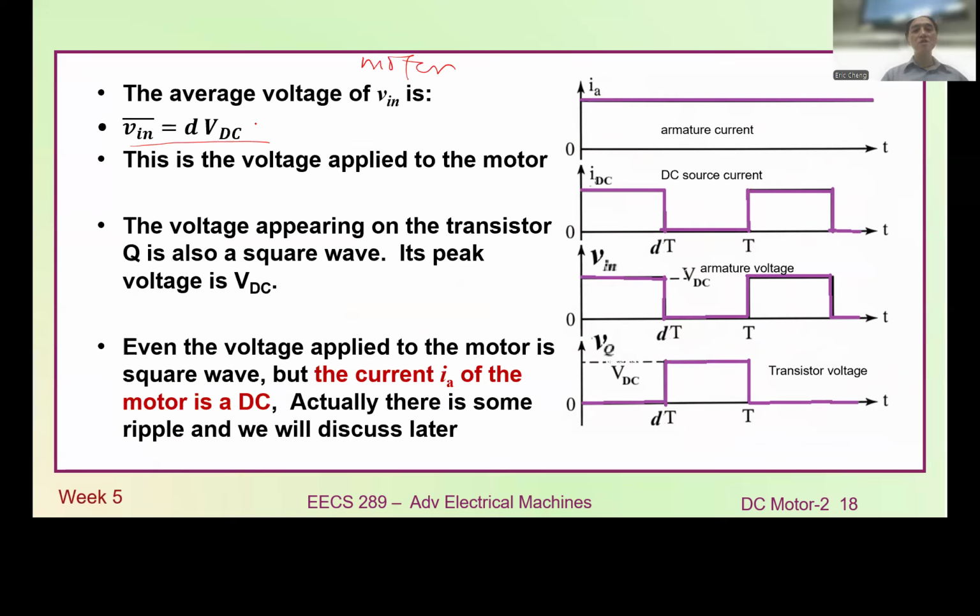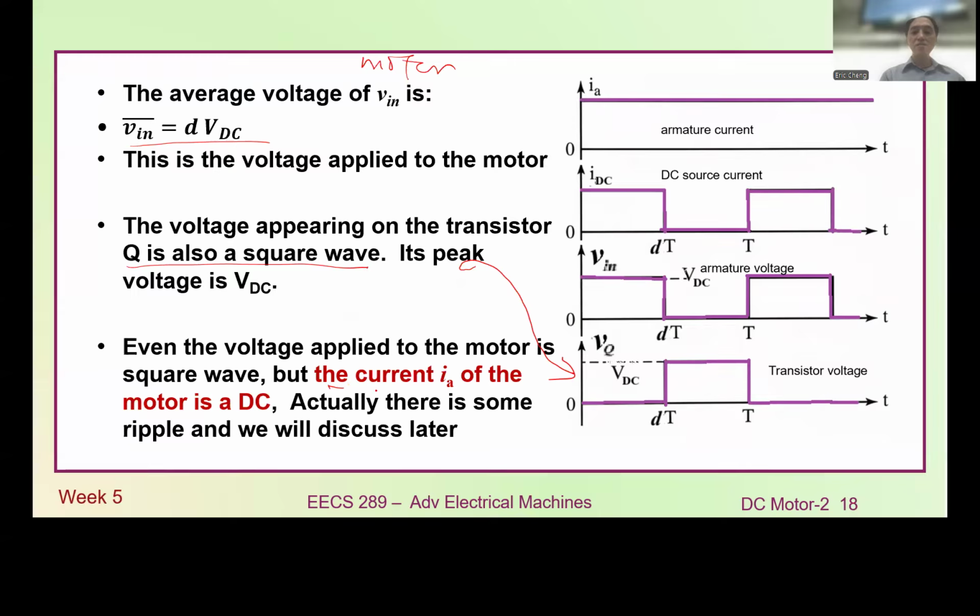That's the average voltage applied to the motor. But we haven't touched the current yet. We haven't touched the power level or other items yet. So the voltage on the transistor is still a square wave, as I mentioned before.